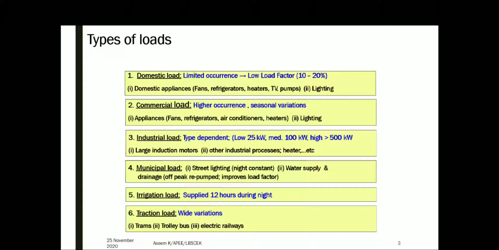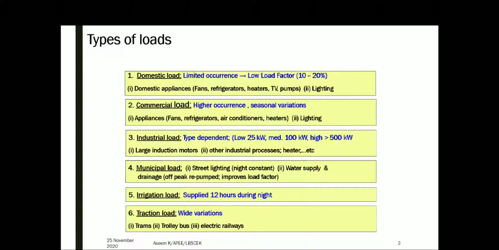These have a limited occurrence and the power factor is usually low, usually between 0.1 and 0.2. And commercial load, these are fans, refrigerators, air conditioners, etc. in our commercial buildings, or lighting loads, and their occurrence is high, and these have seasonal variations.